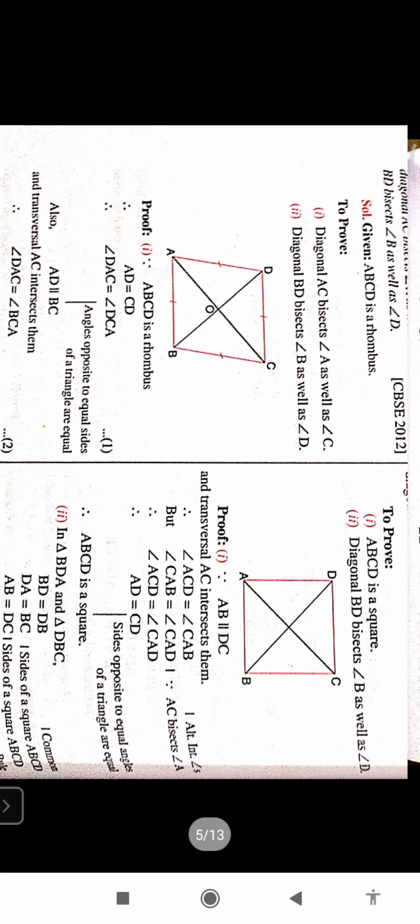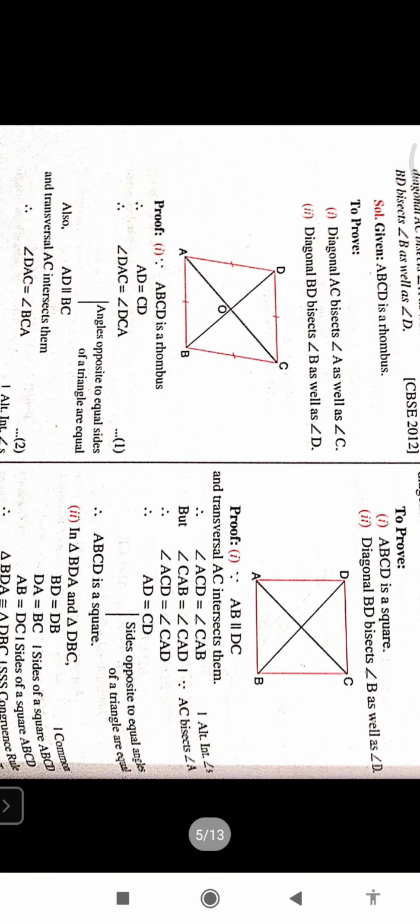Now see the proof. First, understand the figure very well, then we can prove. ABCD is a rhombus. Rhombus means AD equal to CD.